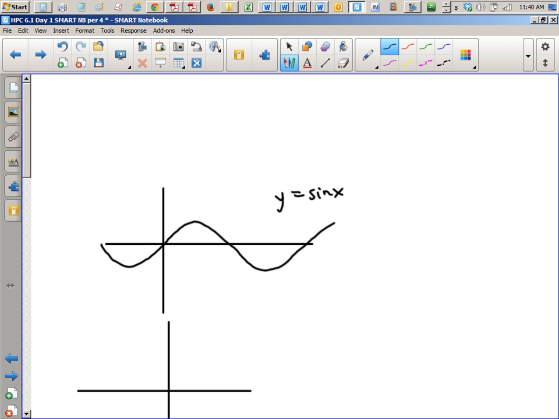The problem with y equals sine x is it's not 1 to 1, right? So if it's not 1 to 1, how can we talk about inverse functions at all? We said yesterday only a function that is 1 to 1 has an inverse.